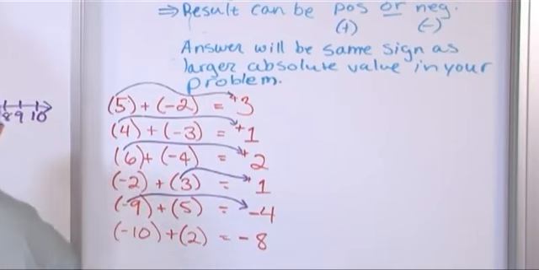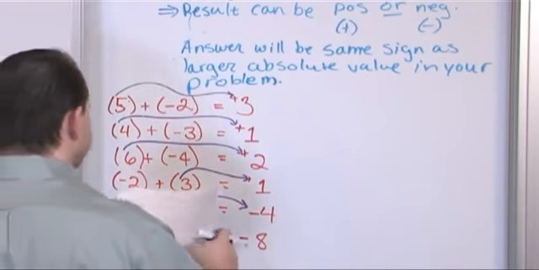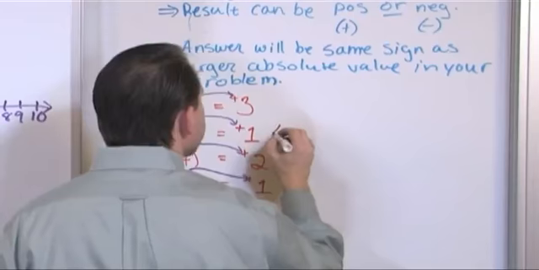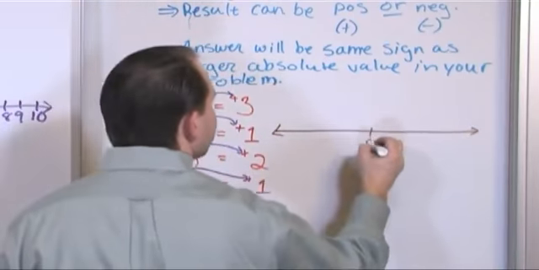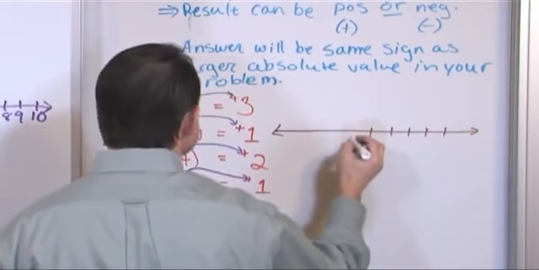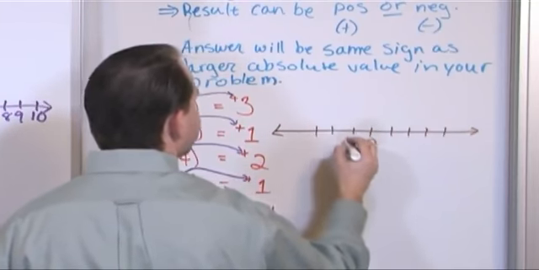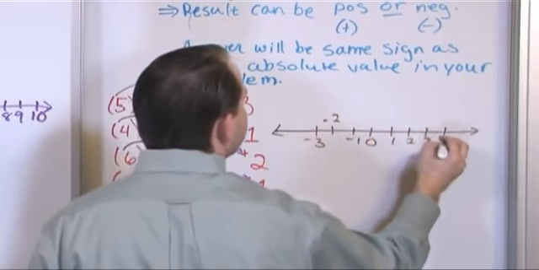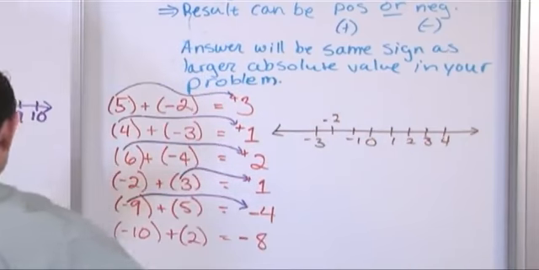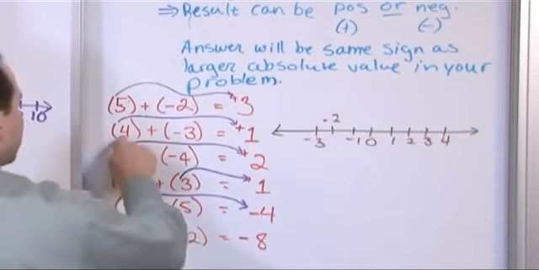Now, if you represented this on a number line, just to do a couple of quick ones here, you would have a number line, and this would be 0, 1, 2, 3, 4, negative 1, negative 2, negative 3. So you always start, just to make it easy and consistent, with the first number.